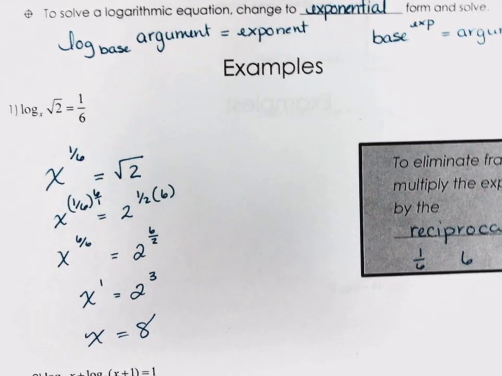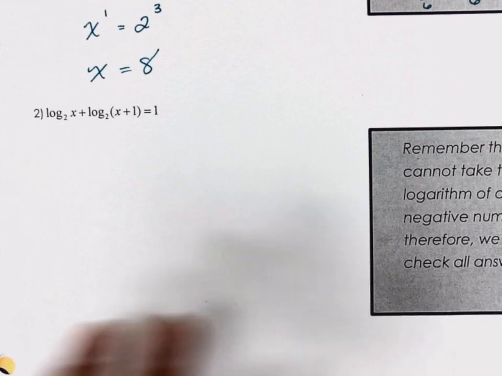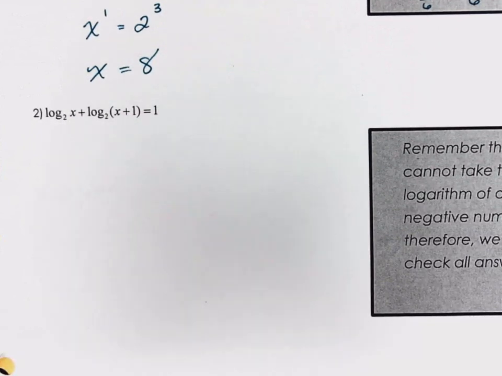All right. Logs. I'm going to write this as a single log because I can't put it into exponential form until I only have one logarithm. So this is where the log laws come in. If those two things are added, what's happening to the arguments? Multiply.